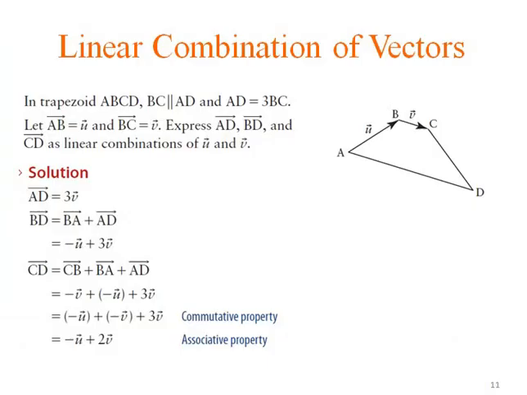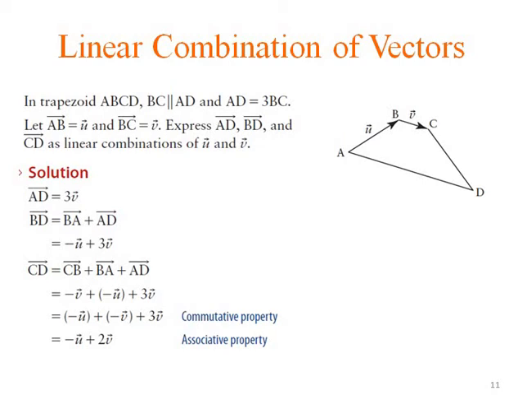Let's see this example. In a trapezoid ABCD, BC and AD are parallel, and AD is 3 times bigger than BC. It means that BC and AD are parallel, but the magnitude of AD is 3 times bigger than BC.